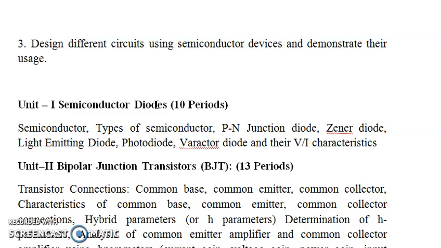One electrode is connected to P-type material, other electrode is connected to N-type material, and there is one junction between P and N, then such type of component is said to be a PN junction diode. This PN junction diode is actually used for the conversion of AC into DC.